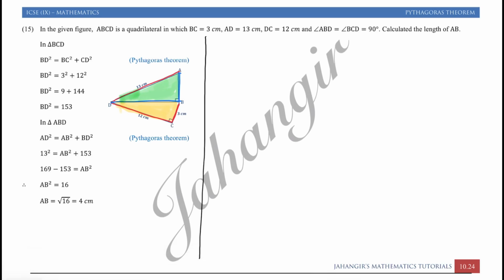Considering the right angle triangles, in each we have two sides and one side is missing. So first I will start with triangle BCD. Angle BCD is equal to 90 degrees. Therefore BD square is equal to BC square plus CD square, that is by Pythagoras theorem.